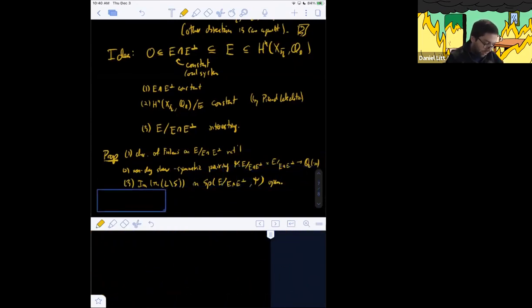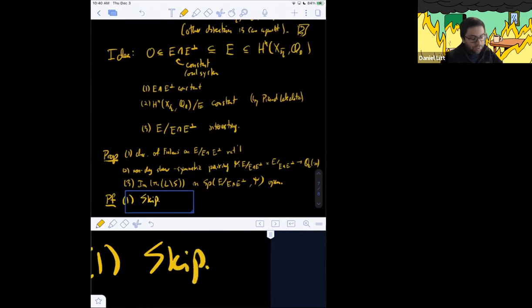Okay, so let's start proving this. So one is non-trivial, but I'm going to skip it. More or less it boils down to understanding how Galois acts on vanishing cycles. It's actually not that bad.